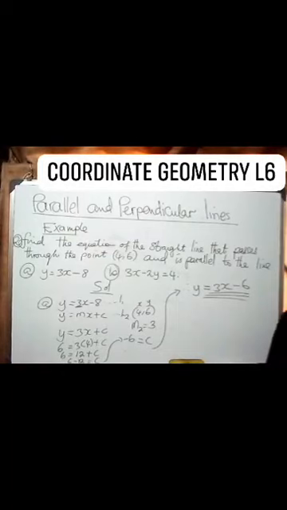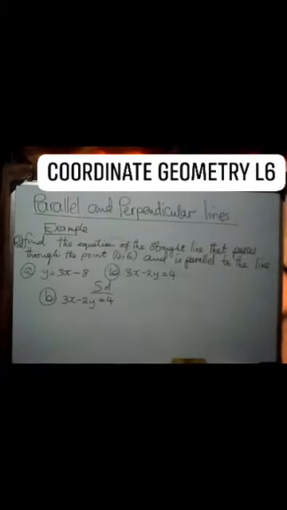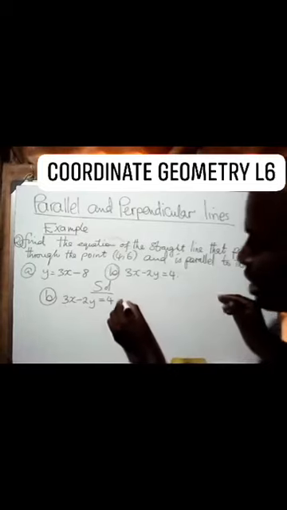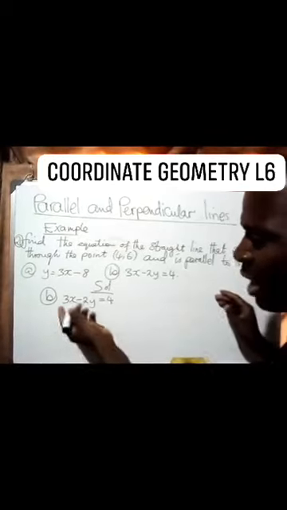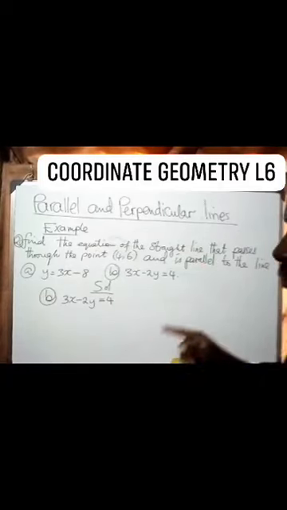Let us now go to the next question, which is question number B. We are still finding the same. This is line number 1. By the way, this line number 1 has to be rearranged. We make y the subject of the formula.